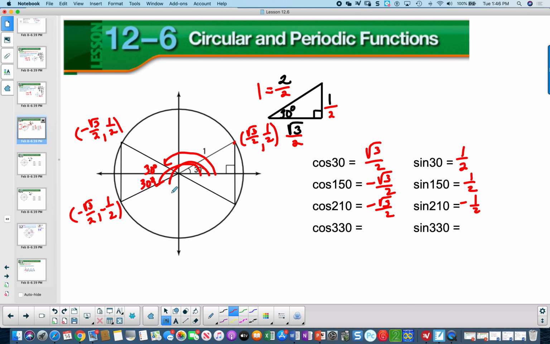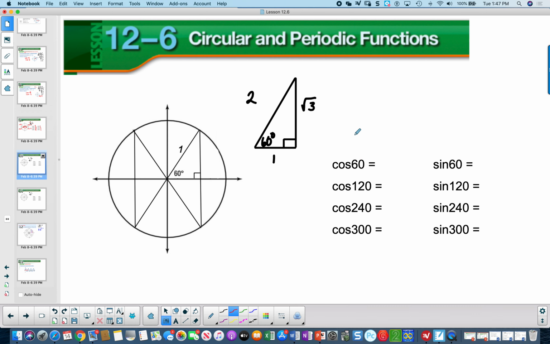If we make the angle 330 degrees, again with a reference angle of 30 degrees, the long leg is along the x-axis, so this point will be √3/2, and the short leg is along the y-axis, and that's going to be -1/2. So this will be √3/2, and this will be -1/2.